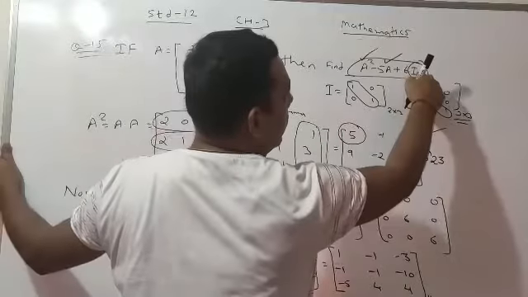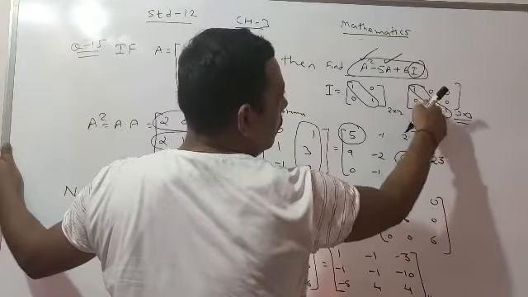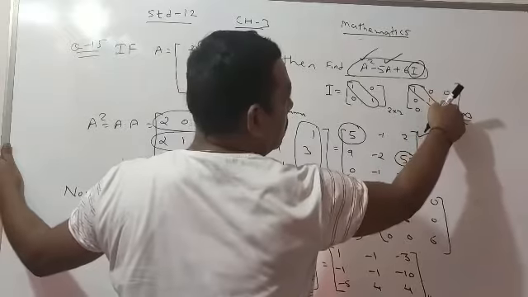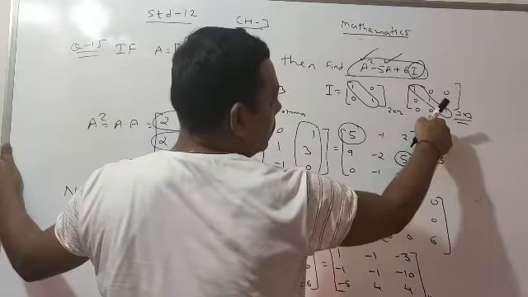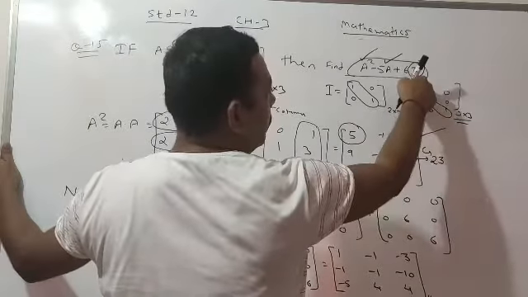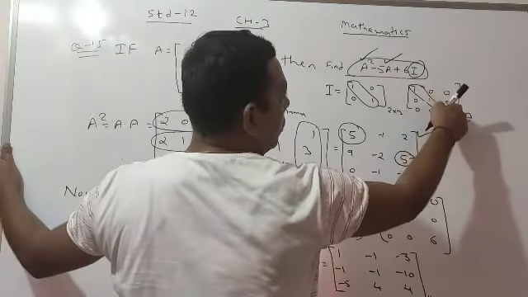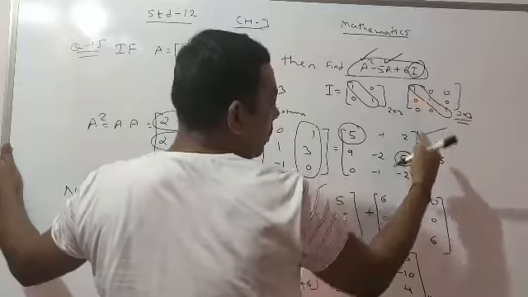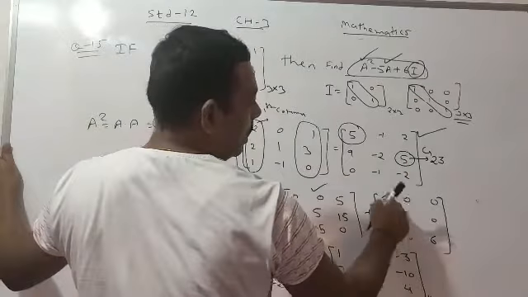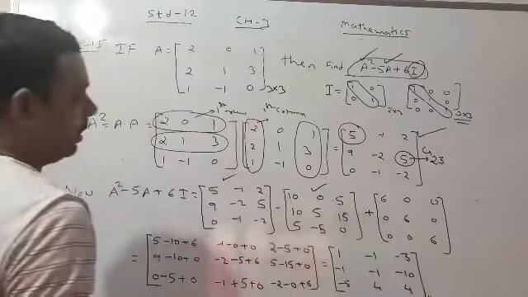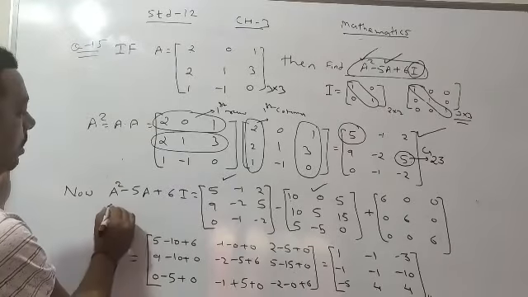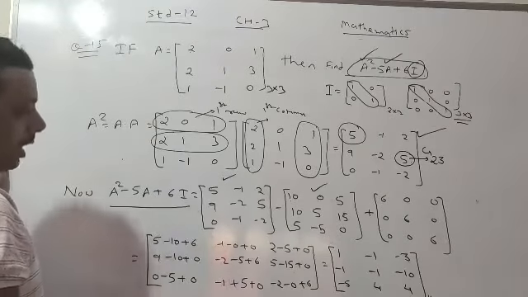We know the identity has 1, 1, 1 on the diagonal, and the remaining entries above and below are 0. But 6 of identity means multiply each entry by 6. There is no need to multiply with 0, only with 1. So it is 6, 6, 6, and the remaining entries are 0. Now my question is A square minus 5A plus 6I.